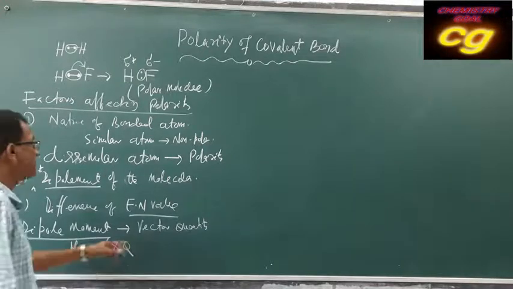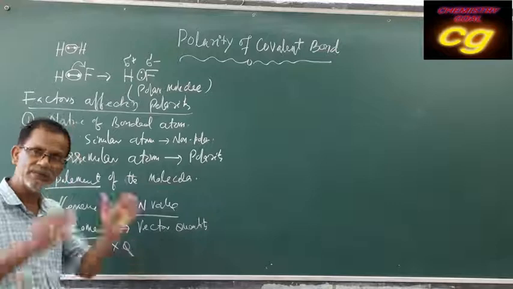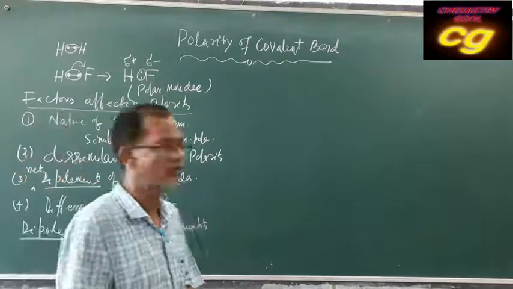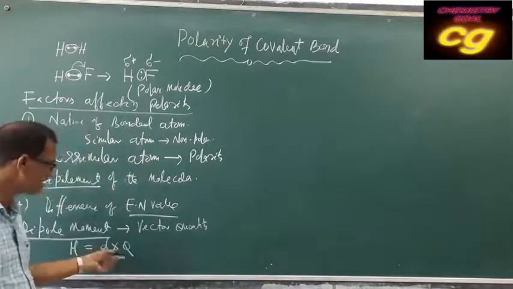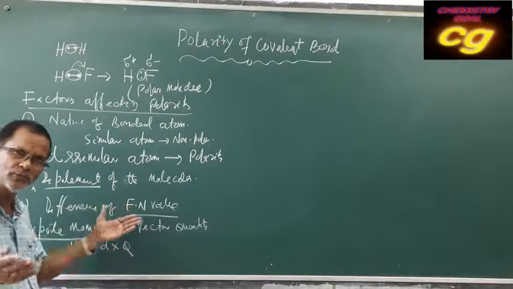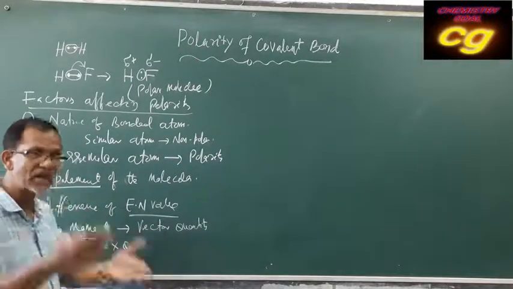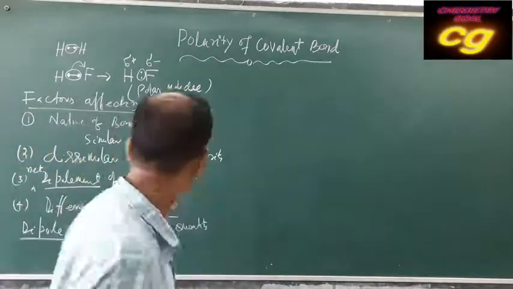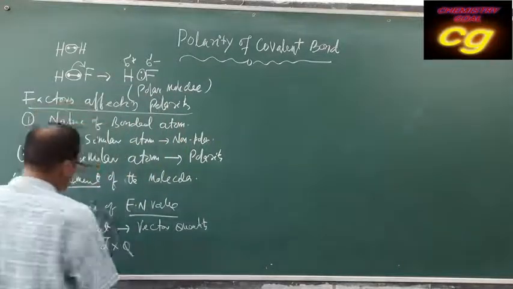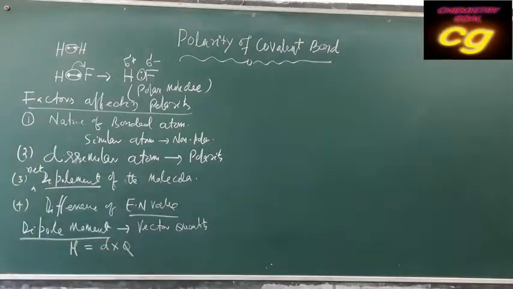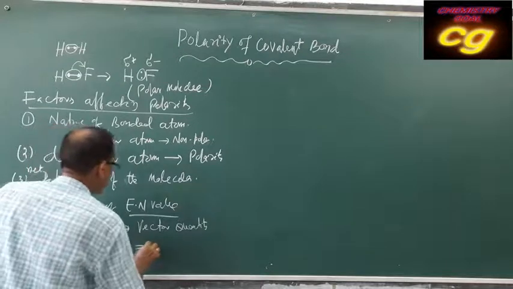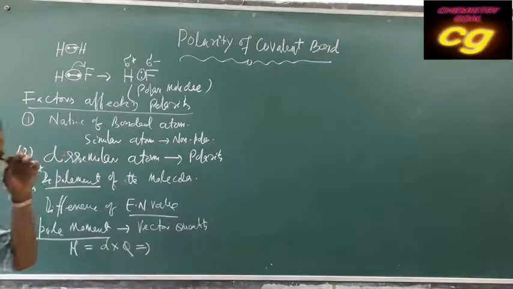So dipole moment is a vector quantity because it has magnitude and direction. It is the product of the distance between the opposite charges and the charge on the particular atoms. So mu is equal to d into q, and it is expressed in Debye.